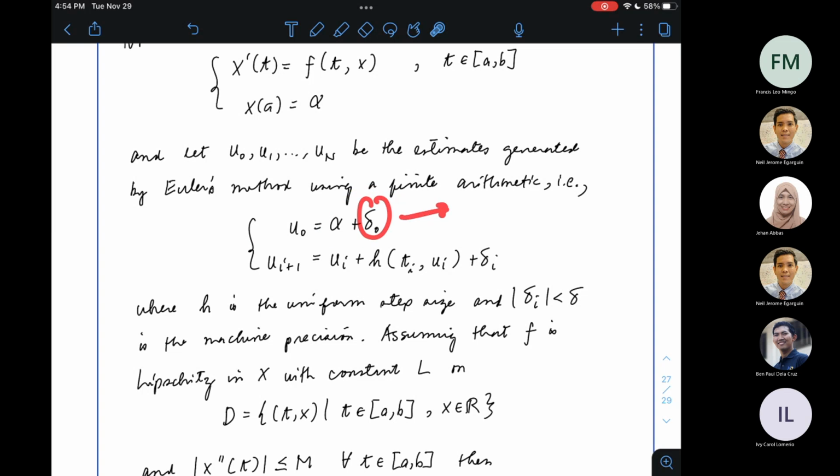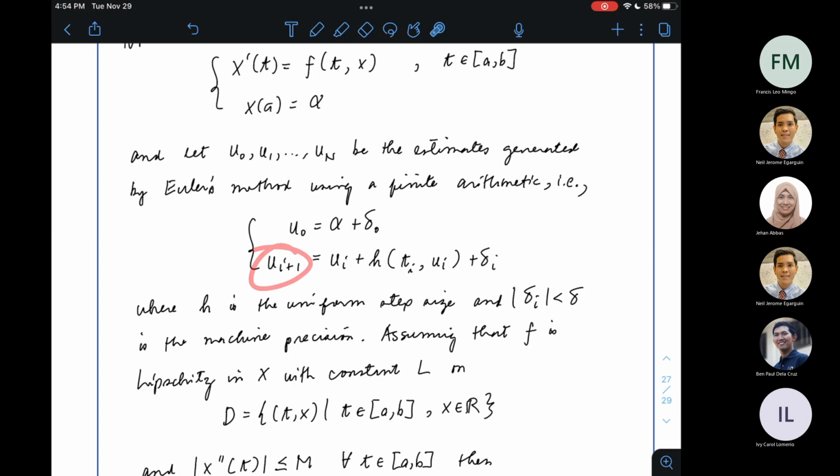Delta sub 0 is what we call the truncation error, or the machine truncation error, just to distinguish it from the LTE we discussed earlier. So the machine truncation error is what was chopped off in the rounding or chopping arithmetic you used. Because it is not possible to save exactly alpha. What the computer saves is alpha plus some delta sub 0 that cancelled some of the unwanted significant digits.